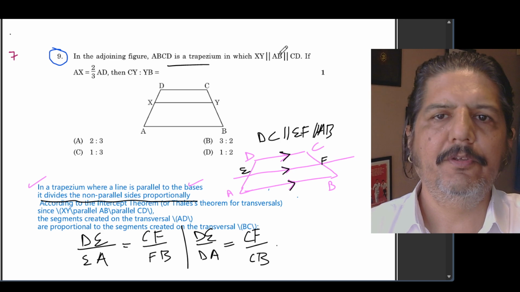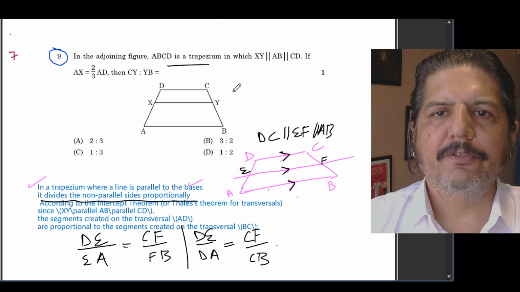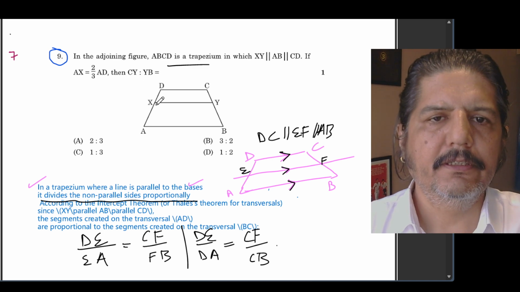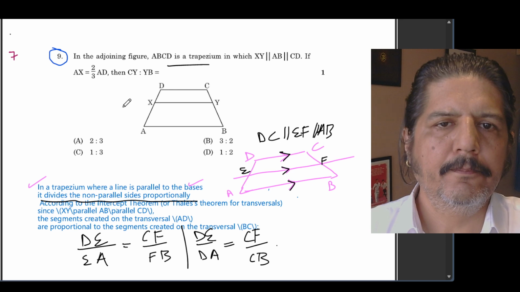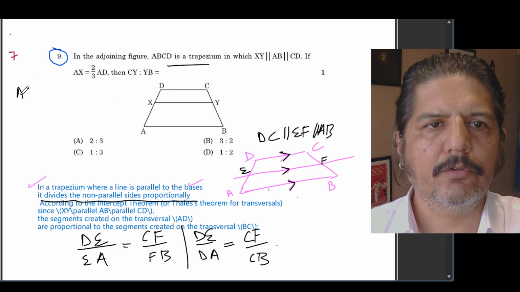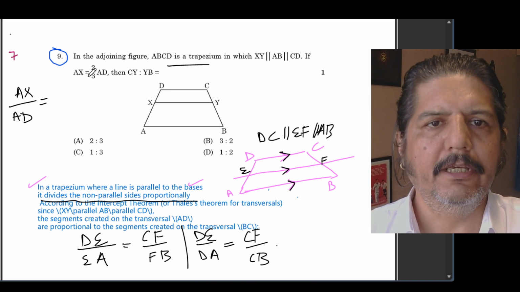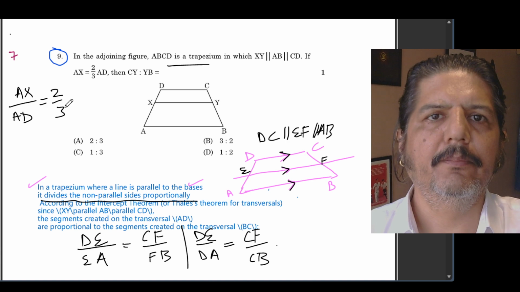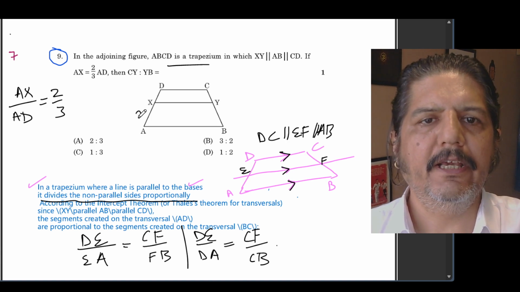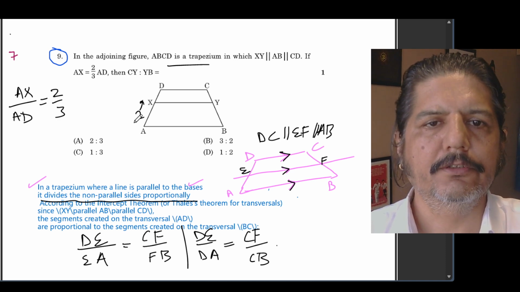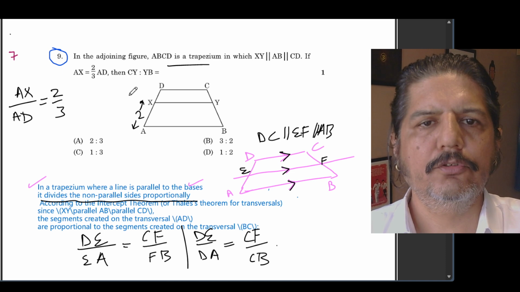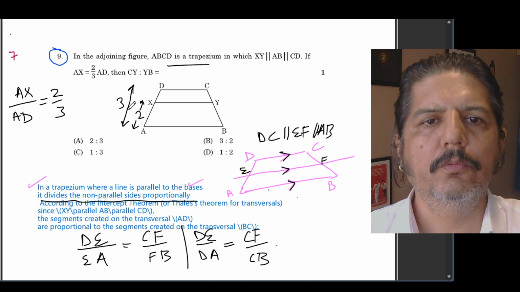ABCD is a trapezium, XY is parallel to AB. If AX is 2/3 of AD, I can also write this as AX upon AD is equal to 2/3. So if AX is 2, then AD is equal to 3.